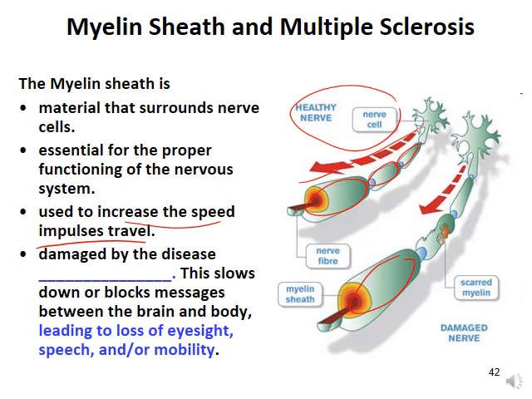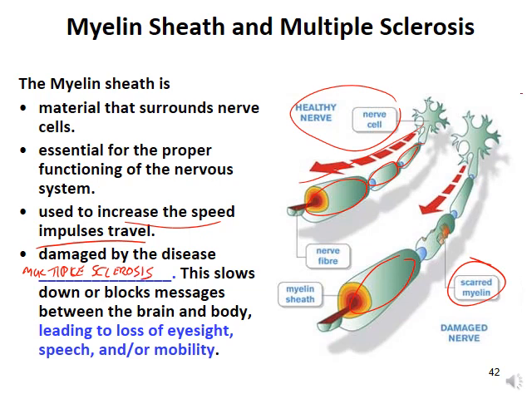But when you have scarred myelin in multiple places, you end up with a disease called multiple sclerosis.